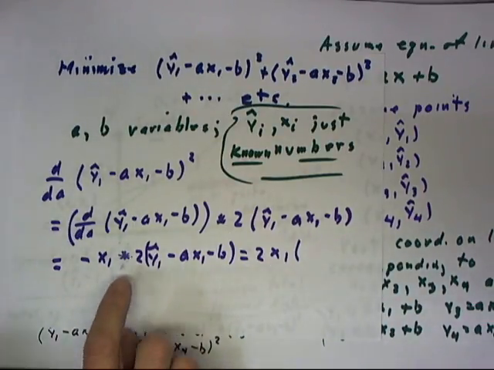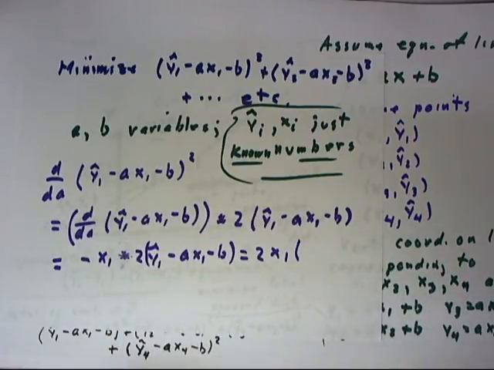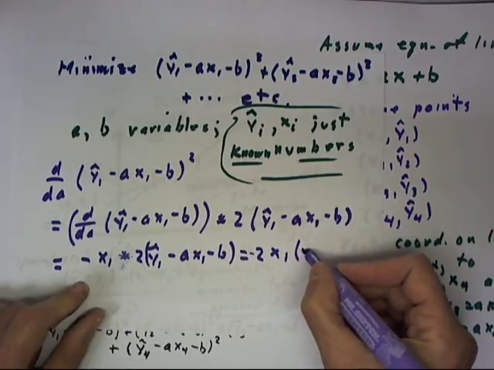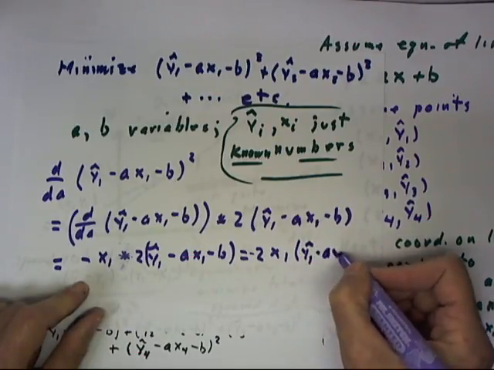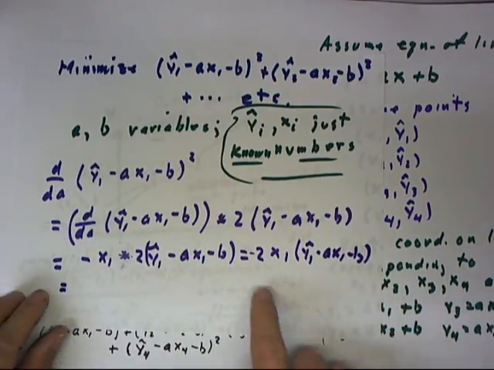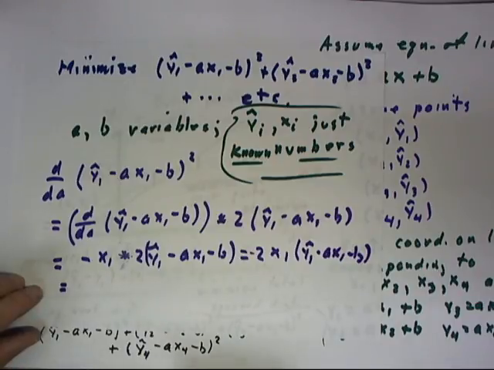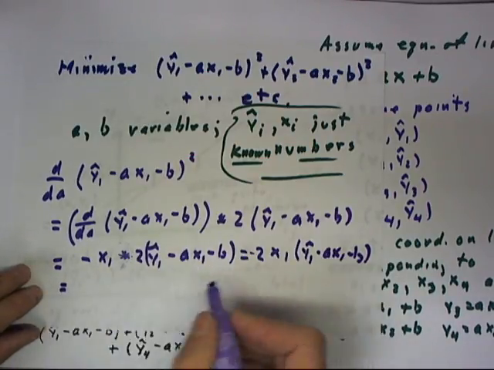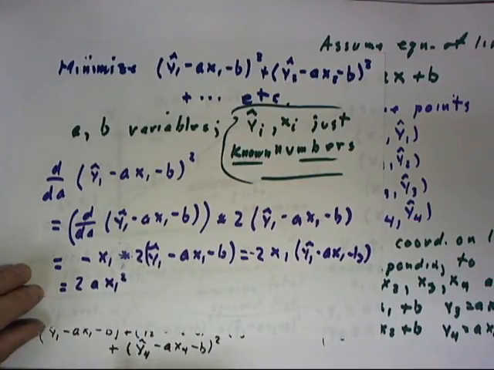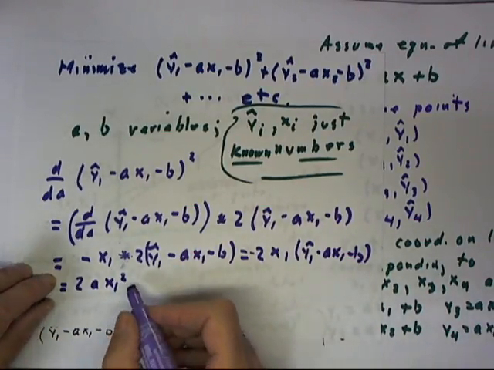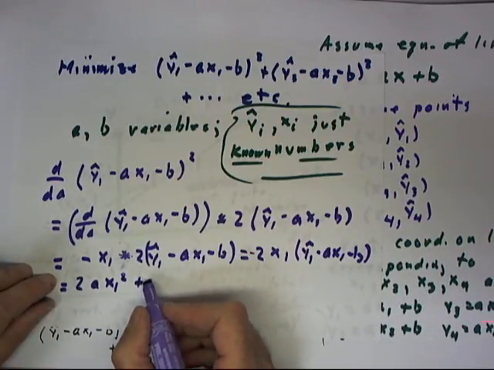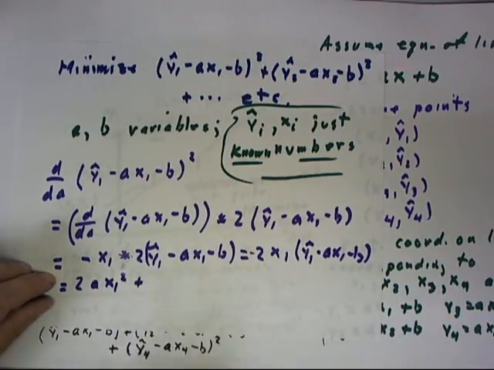Okay, by the magic of modern technology, I've corrected this expression, and we see that then this is going to be negative 2x1 times y1 hat minus ax1 minus b, which we're going to multiply through, and we get 2a x1 squared, and then maybe should have made that minus.